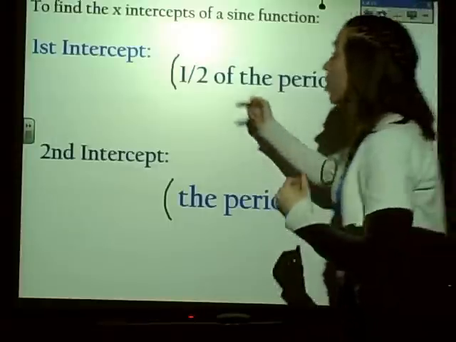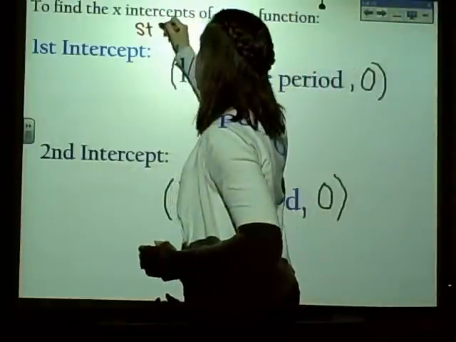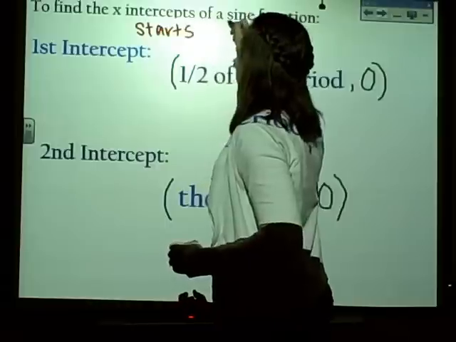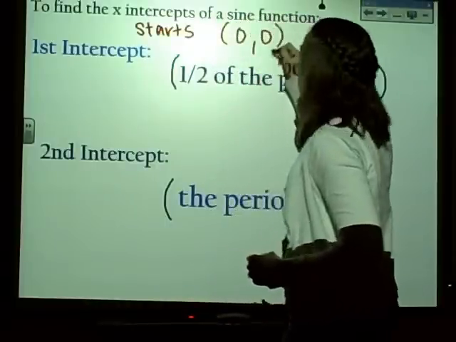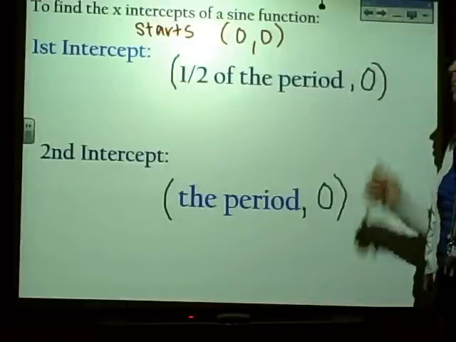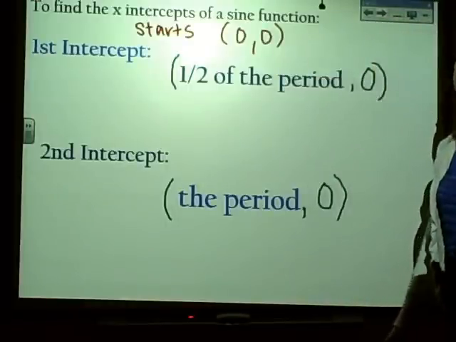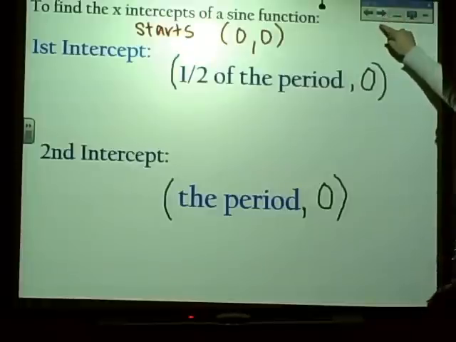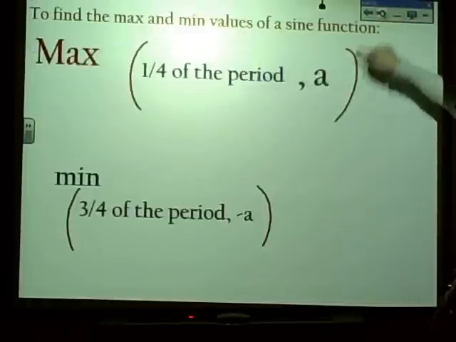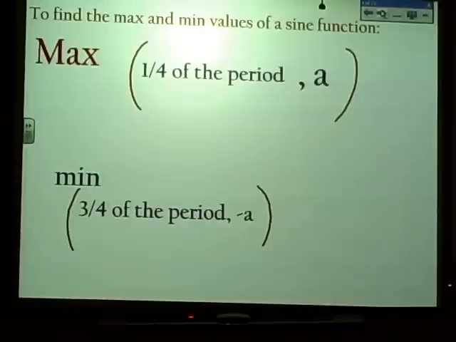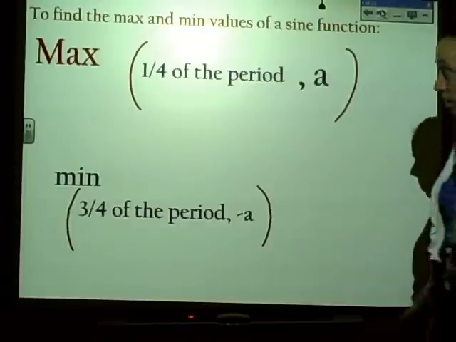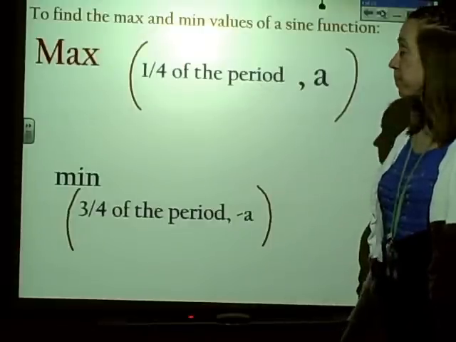A sine function always starts at 0, 0. Okay, so technically you have 3 different intercepts. The first one is just going to be 0, 0, for now, before we start learning about translations. Okay, to find the maximum and the minimum values of a sine function, you're going to take 1/4 of your period.